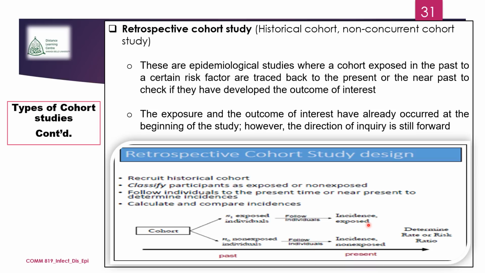Then you see whether they were exposed or not exposed. Then you determine the relative risk. The difference between this and the prospective is that the prospective one is from the present, trying to follow up a study that may take 5-10 years in the future to see whether the people will come up with disease.